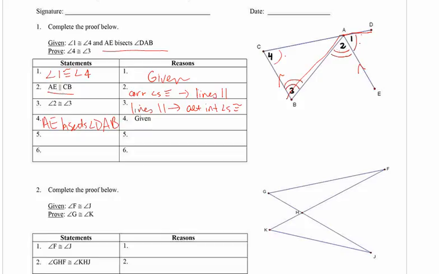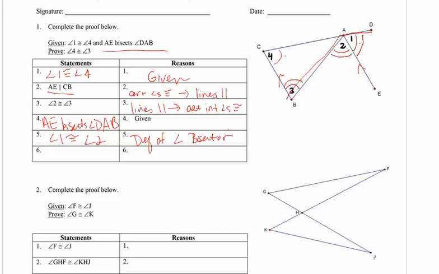I'm going to add an extra congruence symbol on the 1, so now 1 and 2 look the same. And I'm going to write angle 1 is congruent to angle 2, with the reason the definition of angle bisector. There's no 1/2, so it's not angle bisector theorem. Just by definition of angle bisector, if an angle is bisected, then the two angles composed in the larger angle are congruent to one another.